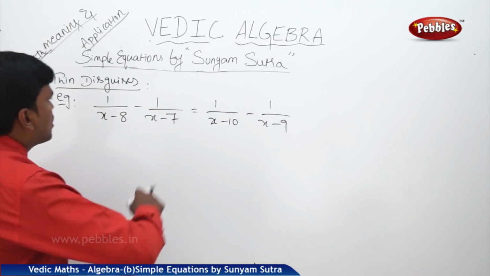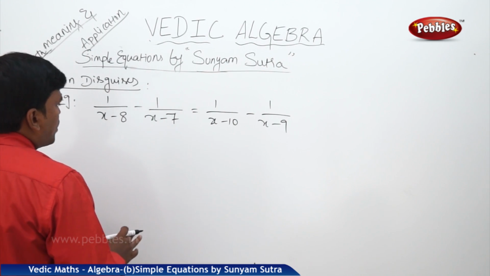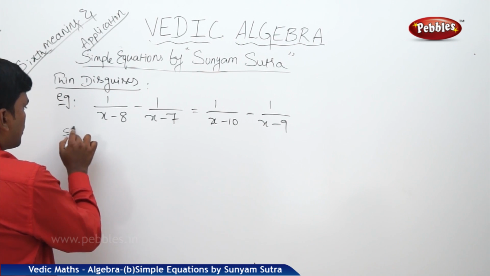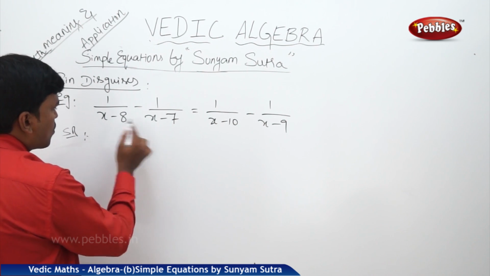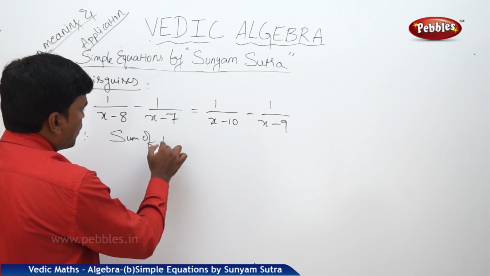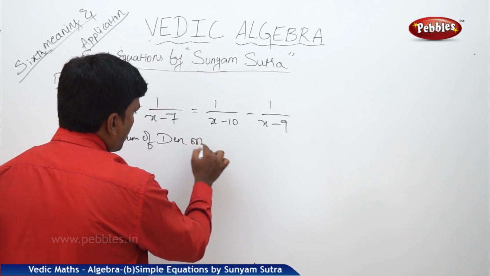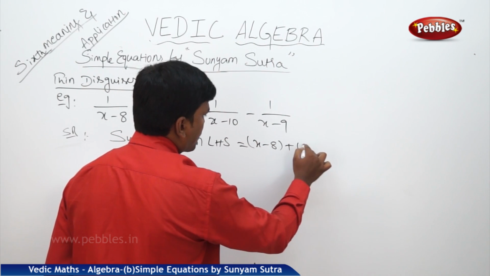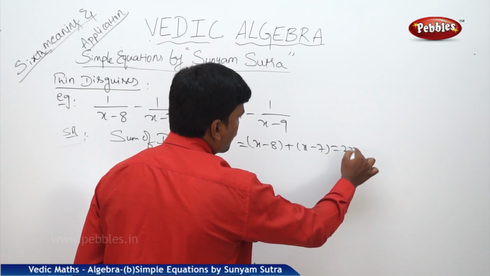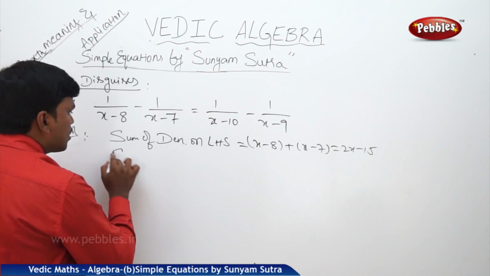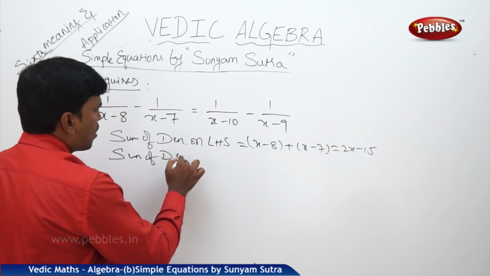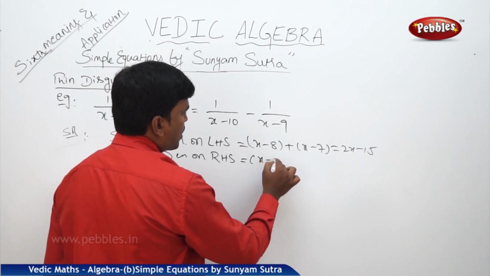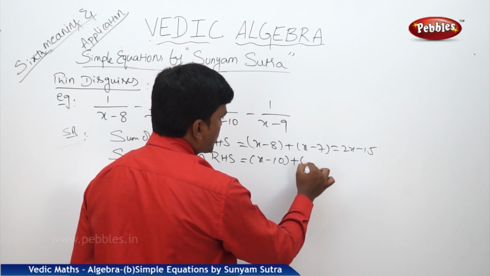As per our sixth meaning and its application, immediately we will see the sum of the denominators. Yes or no? Sum of denominators on LHS: x minus 8 and x minus 7. How much will you get? 2x minus 15. Yes or no? Similarly, the sum of denominators on RHS equals x minus 10 plus x minus 9.